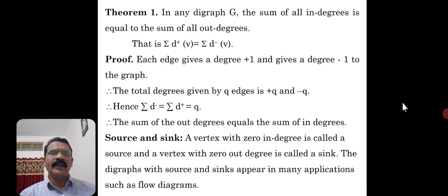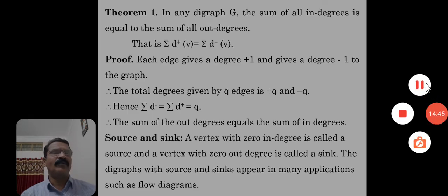That is, the sum of the out degree and in degree is equal to 0.